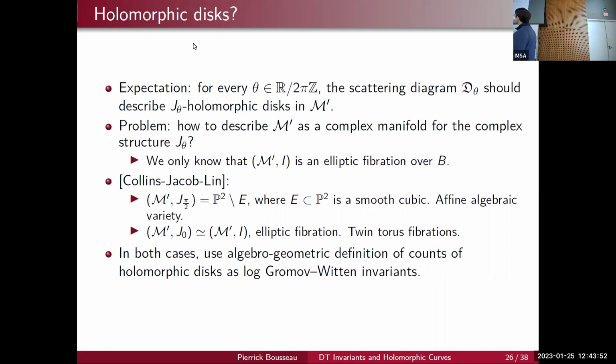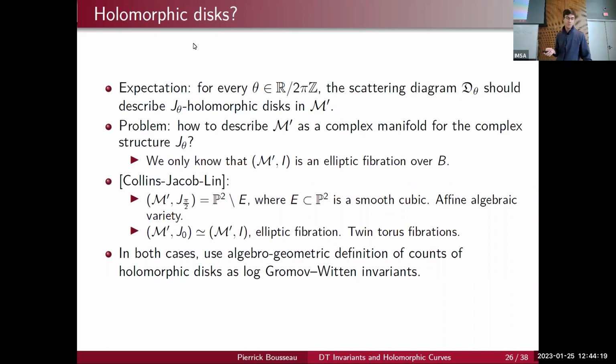Okay, because an elliptic curve is anticanonical, P2 minus E is clearly a non-compact holomorphic symplectic surface. But the non-trivial statement is that it fits in the same twistor family as some of the integrable systems I was describing before. So it is the first thing we will use: for theta equal pi over 2, we know what the geometry is. It is P2 minus E.